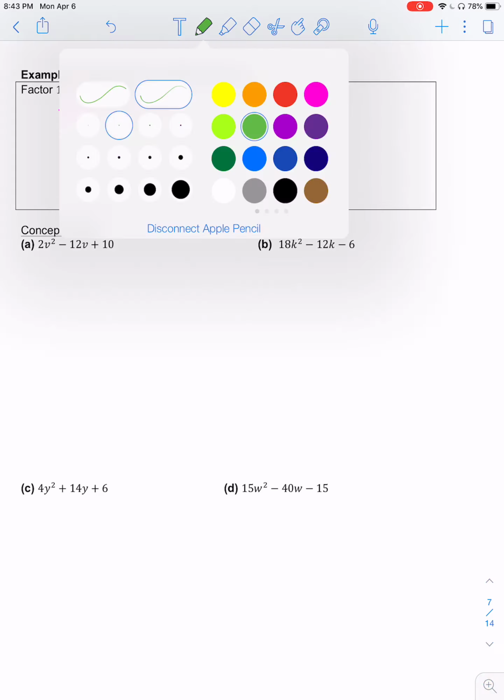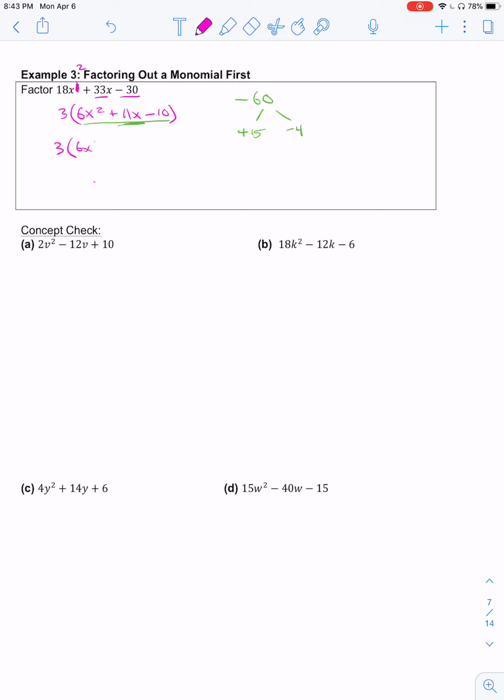So now, going back to pink, we just move this 3 down, and now we go ahead and separate this out. So 6x squared plus 15x minus 4x minus 10.